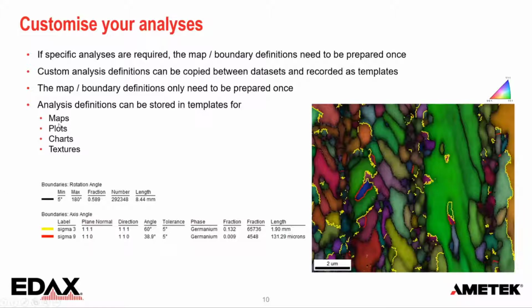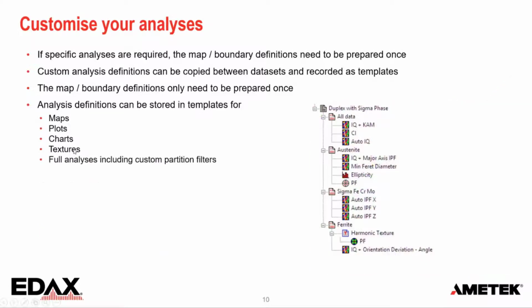And you can make templates for maps, plots, charts, textures, so the individual displays, but you can also do that for a full analysis. So if you have made a partition with a subset and some kind of filter in that partition, you can make a template for that filter and all the analysis that you have made for that part of your data set.